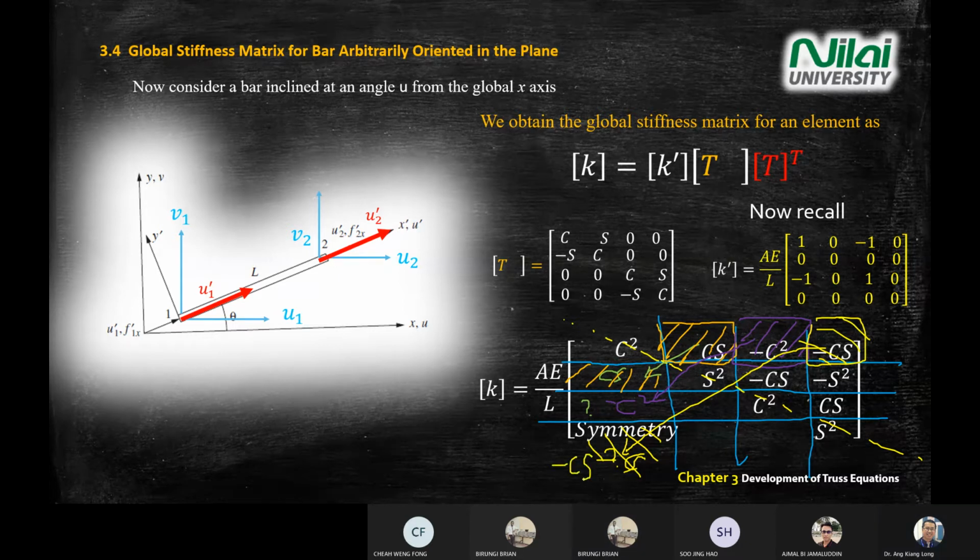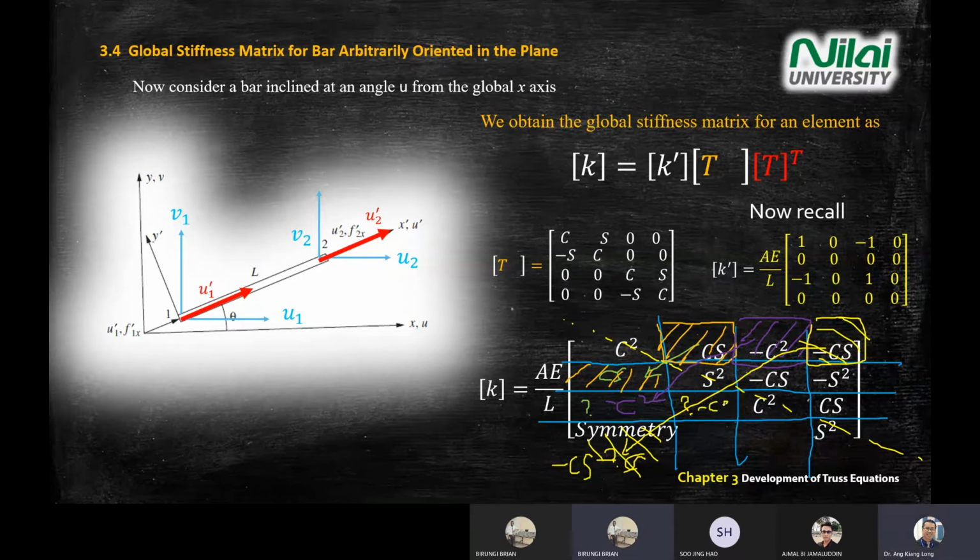Okay, you understand now, right? Brian, what should I write here? Negative CS.